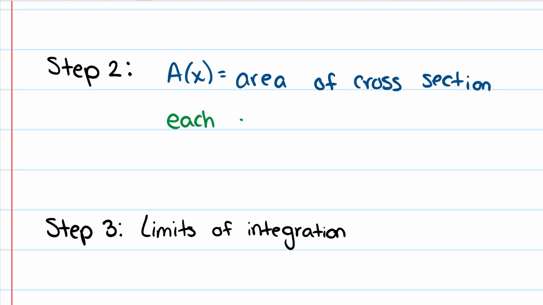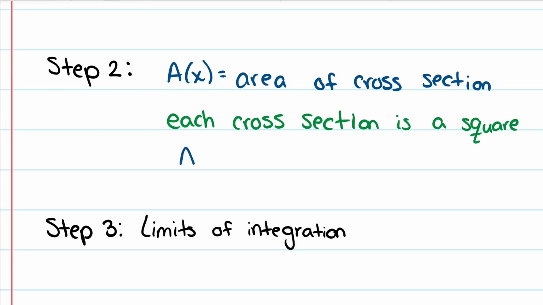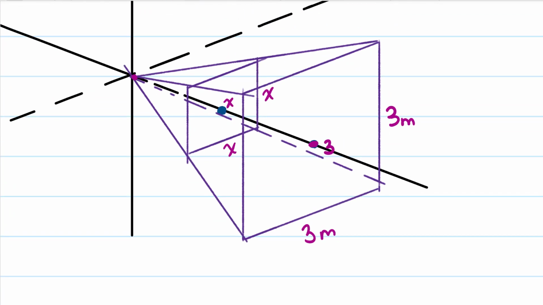And in this example, each cross-section is a square. So A of x is equal to x times x, which is x squared. And if we go back up to the example and I highlight one of the cross-sections, you can see that the area of one cross-section is a square.